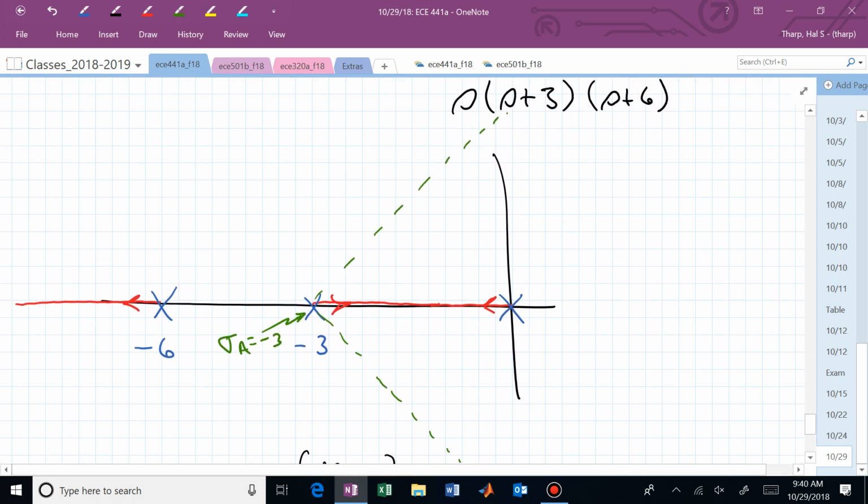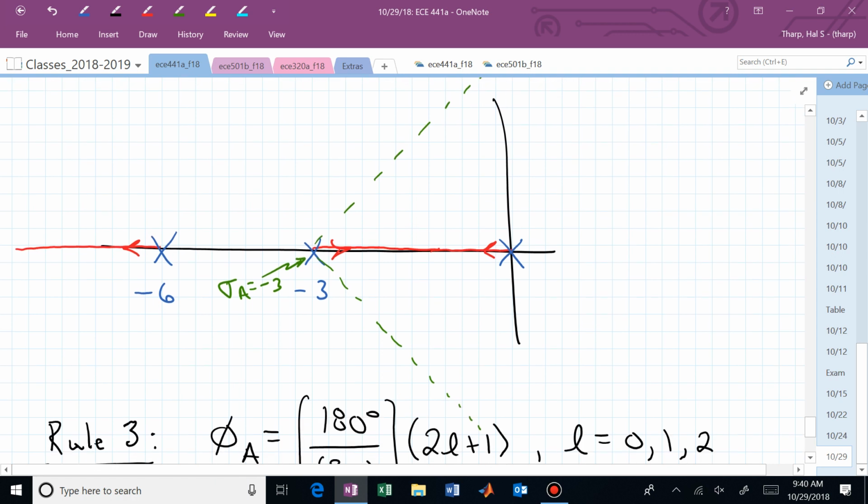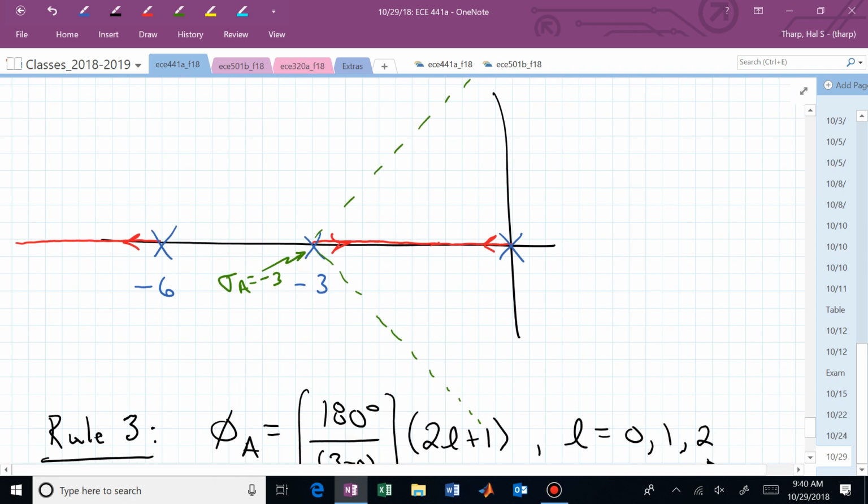What do we need to do next? Those guidelines tell us how the branches will behave as k gets big. So this is now 60 degrees. This is 300 or minus 60 degrees, and we have one at 180, and that's the branch going off to minus infinity.